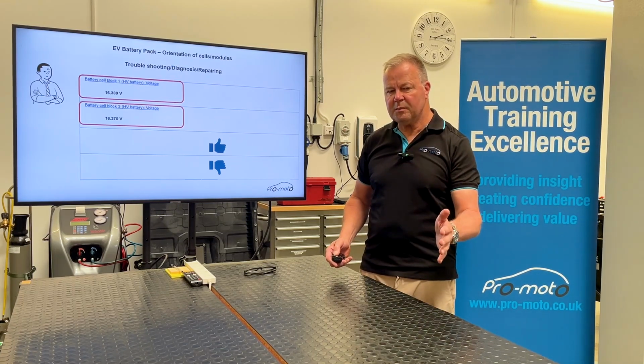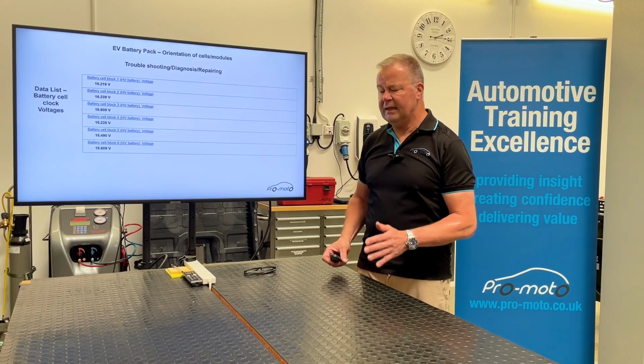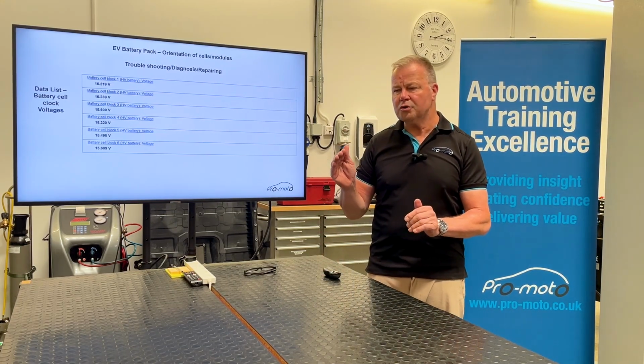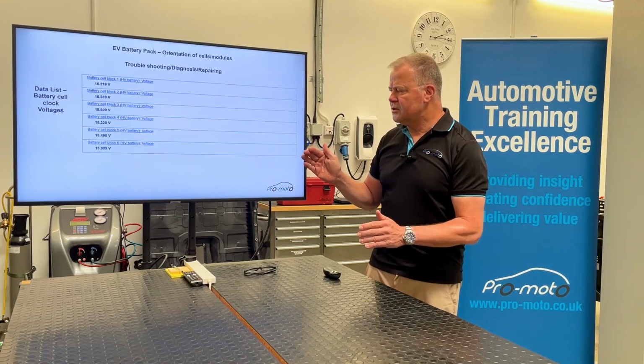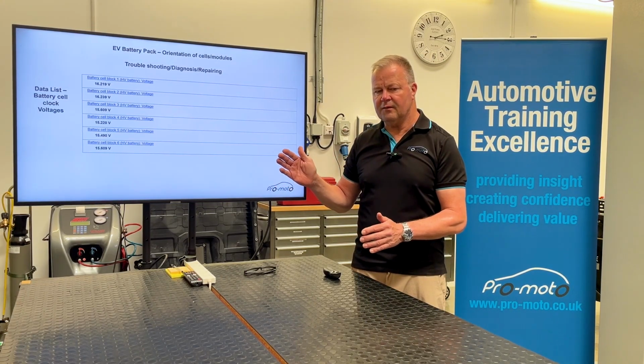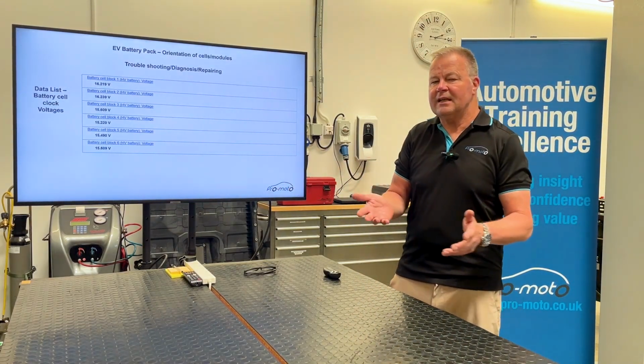But when we delve a bit further with diagnostics, we come up against a little bit of a problem. Here's our live data list. So we're now looking at modules 1 to 6 to see if we've got any other significant imbalance in the battery. We're probably going to focus on 1 and 3 because that's what the diagnostics tells us.